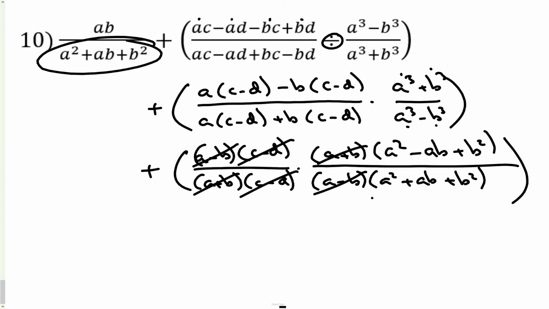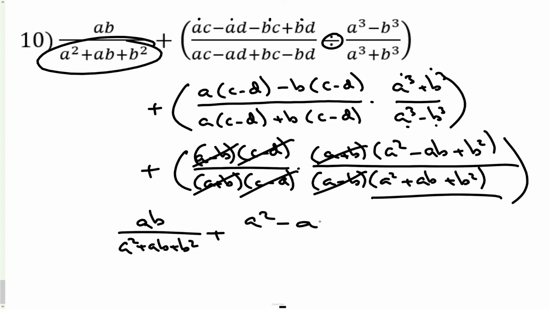Now look, the only thing that's left is the same denominator. So basically we have ab over a squared plus ab plus b squared, plus a squared minus ab plus b squared over the same thing, which is nice because that means we can just add the two numerators together.